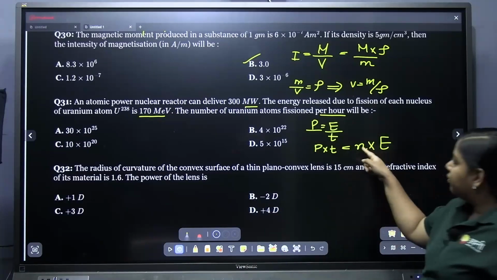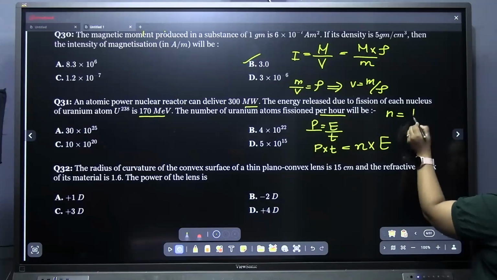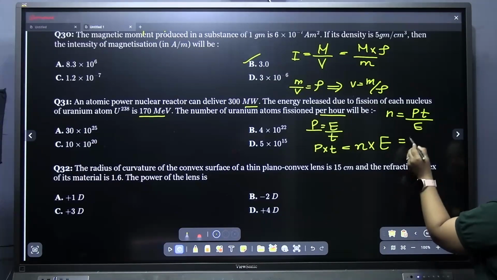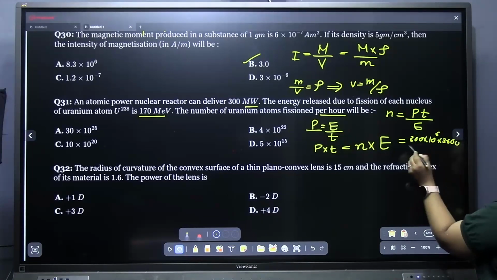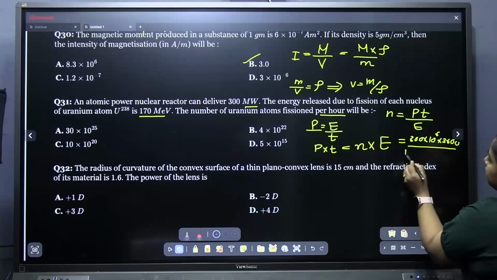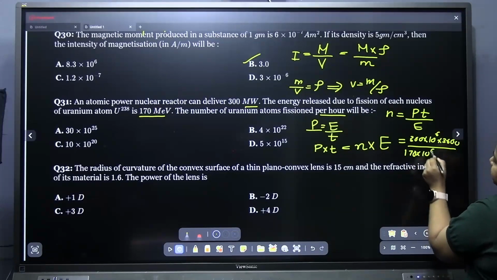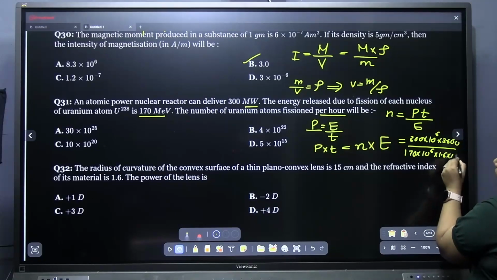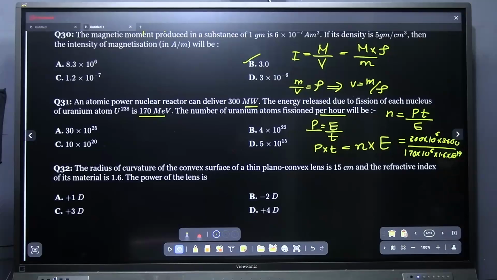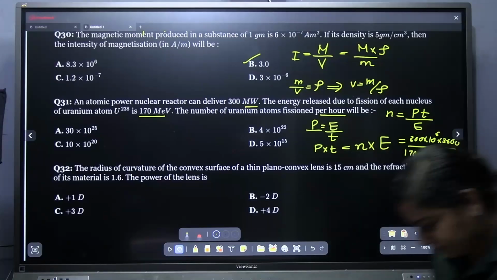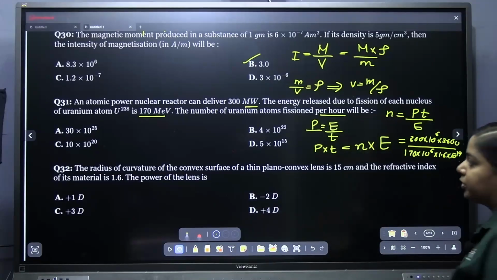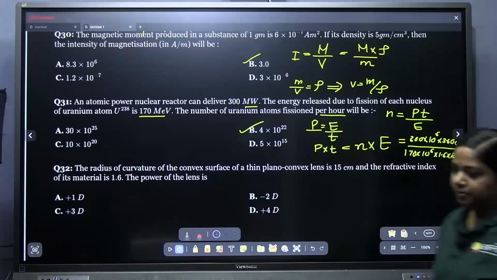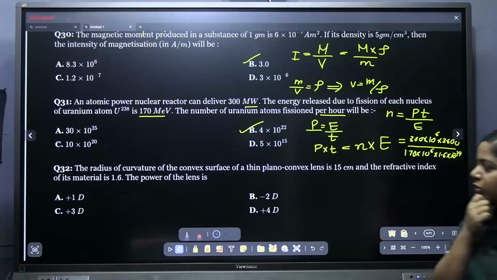Then you solve this for N. N equals Pt by E. Power 300 into 10 to the power 6, time 3600, divided by energy, which is 170 into 10 to the power 6 into 1.6 into 10 to the power minus 19. Substitute these values, you will get the answer. The answer is option B. Yes. Can we move on to the next question?